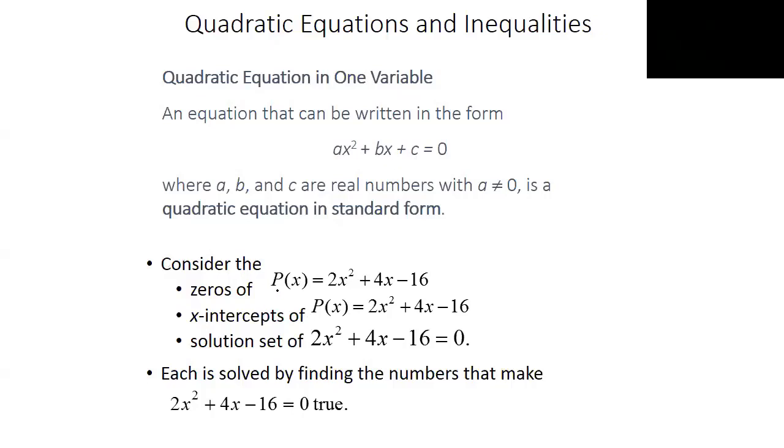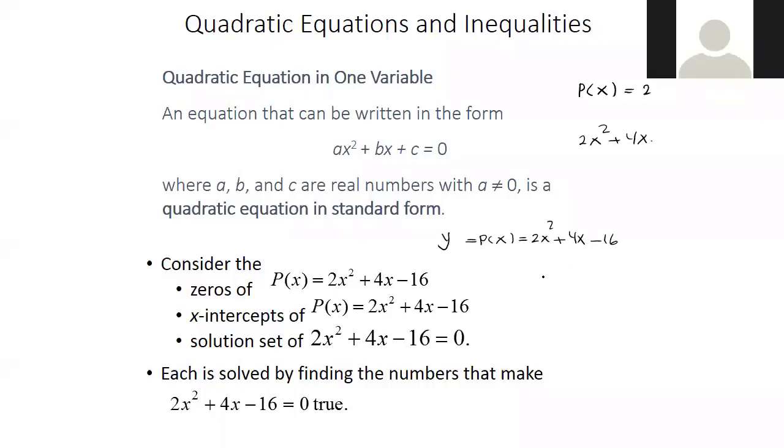And in this example, we want to consider p of x to be 2x squared plus 4x minus 16. This is like if you have y is equal to 2x squared plus 4x minus 16.